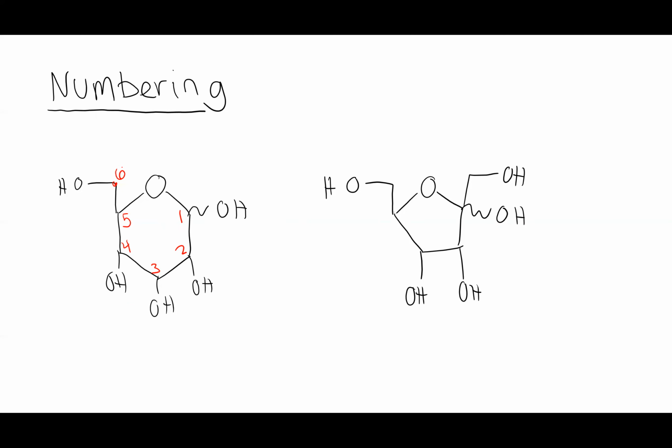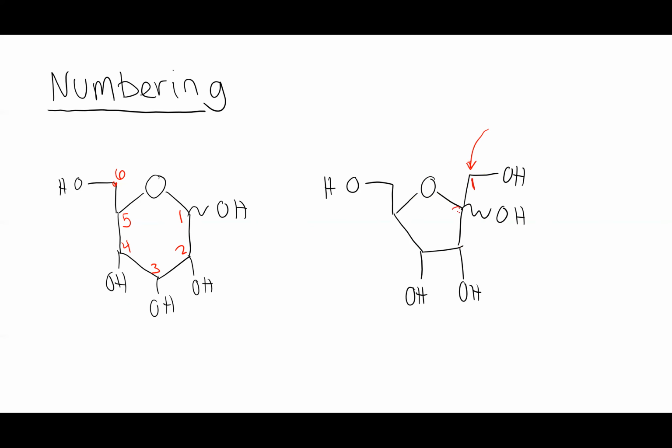Now, what if you have a ketone type sugar where you have this CH2OH group up here that is next to the oxygen on the right and it's attached to the anomeric carbon? Well, in that case, that is where your 1 would start.